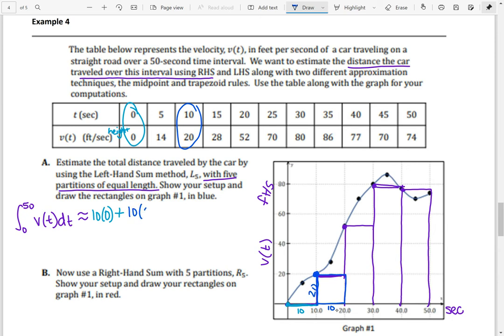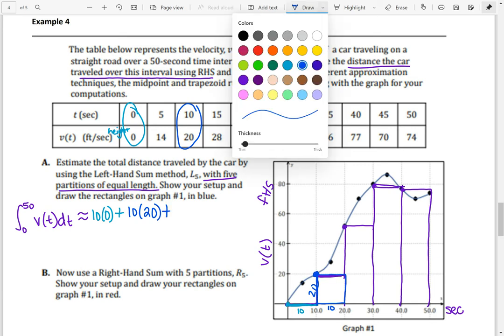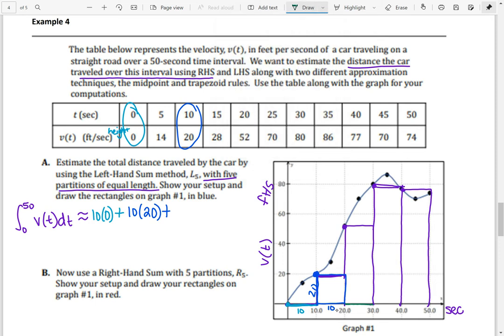So 10 times 20, plus, for the third rectangle, the width again is 10. The height I'll get from this point, which matches up to when t is 20. The v of t value is 52. So this height is 52.